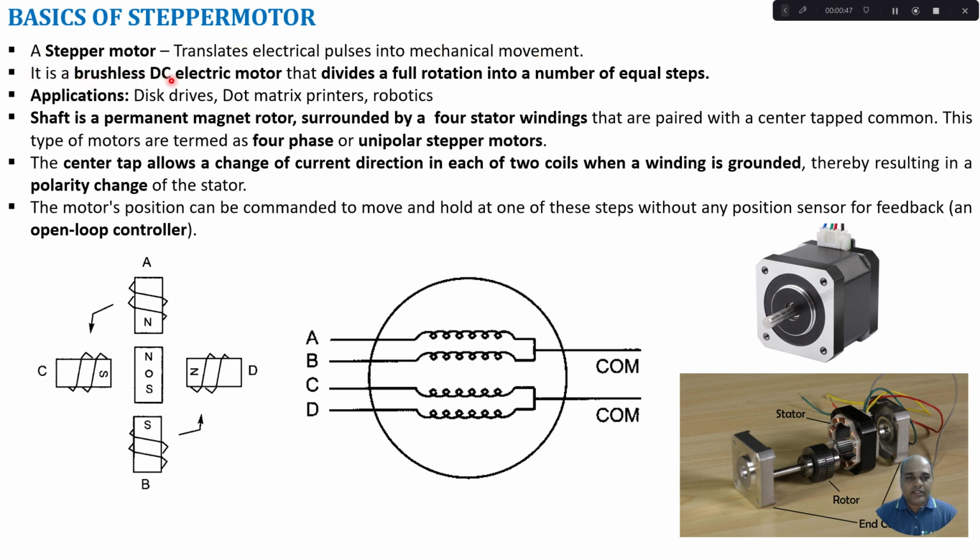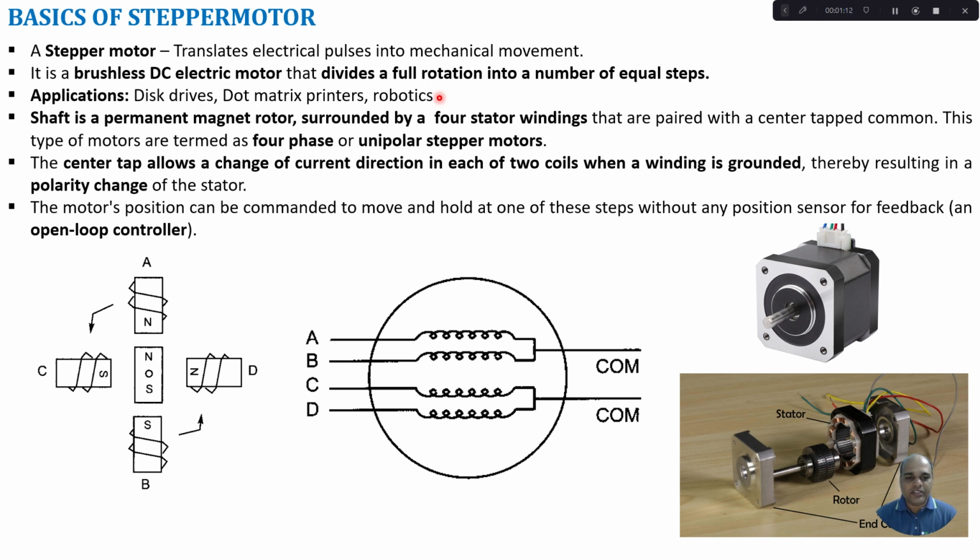It is a brushless DC electric motor that divides a full rotation into a smaller number of steps. So full rotation, this is 360-degree rotation. The 360-degree rotation is divided into a number of equal steps. Its main applications are in disk drives, dot matrix printers, and in robotics.